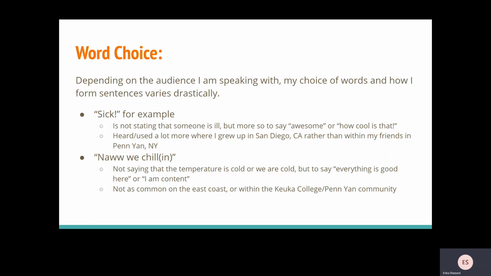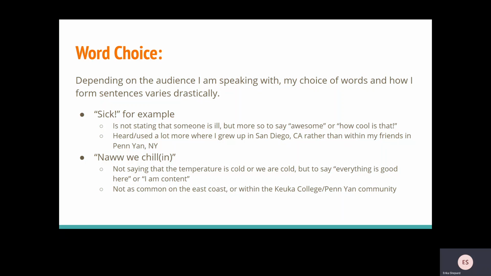And nah, it's not just N-A-W, there has to be two W's or more if you're typing it out. If you're saying it, it doesn't really matter, but if you're typing it out, there's kind of an unspoken rule. It's not to say that the temperature is cold or we are cold, but more to say that everything is good. I'm content. Now we chill. We're chilling. Everything okay? Yeah, we're chill.